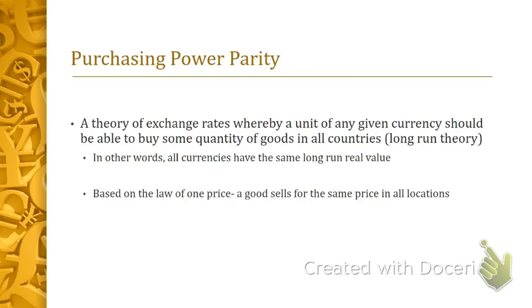So what this is saying is, in the long run, in the world market, if for the same amount you can buy a pound of American cheese and a half pound of Swiss cheese, what would happen?